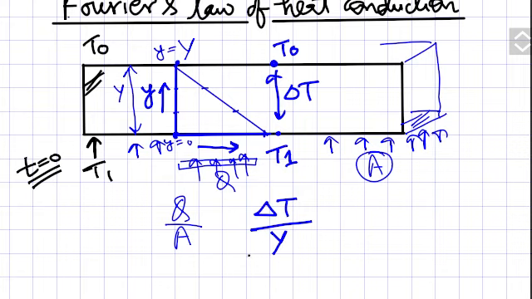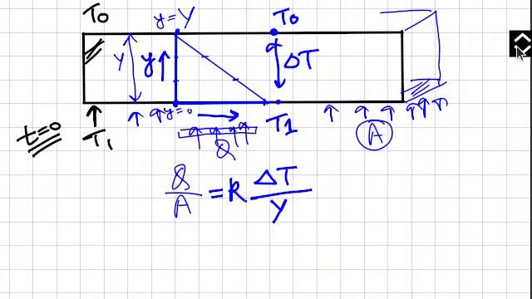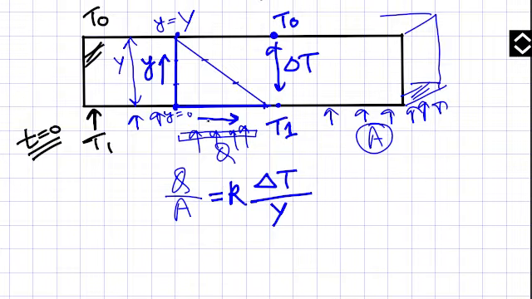You already know these things, and if you remove the constant of proportionality, you get K here, and this is called thermal conductivity. We put a minus sign here because the temperature here is low and the temperature here is high, so when you do the subtraction you get a minus sign.